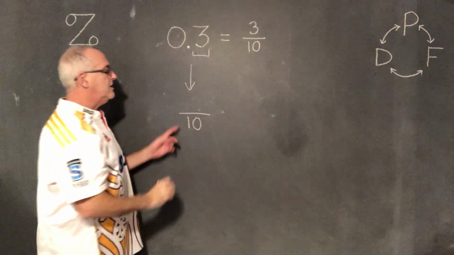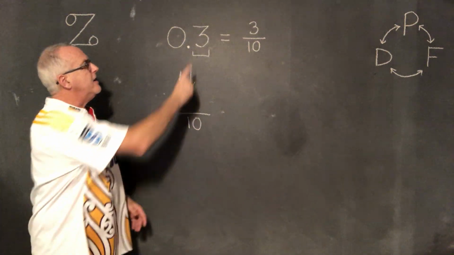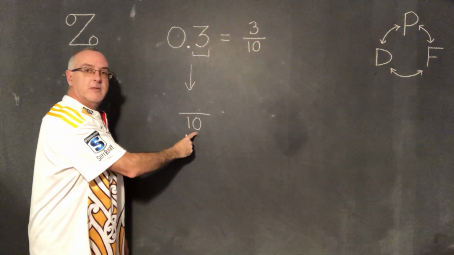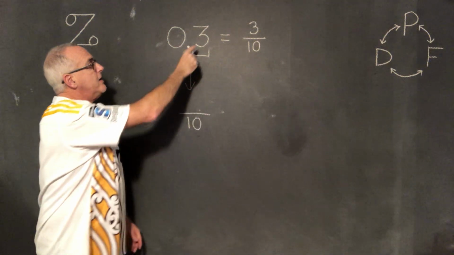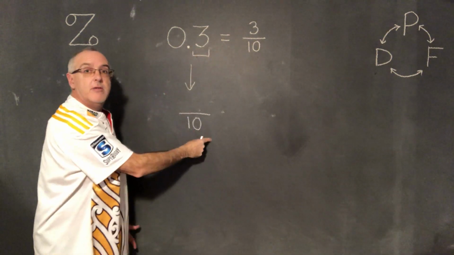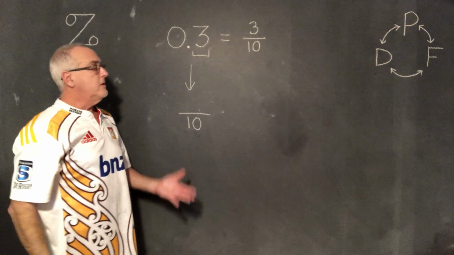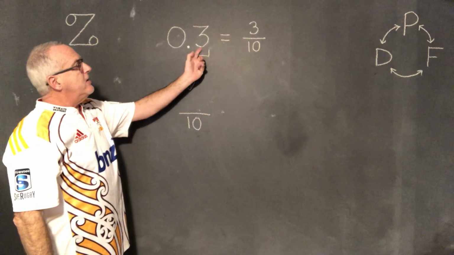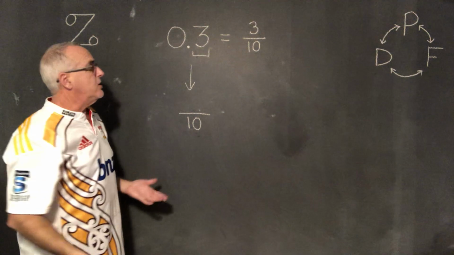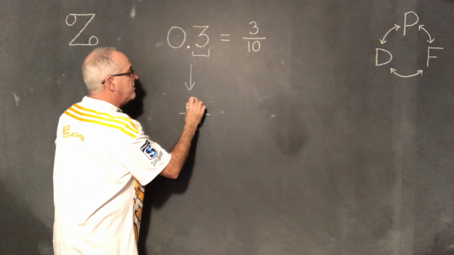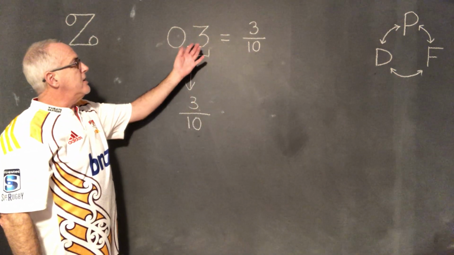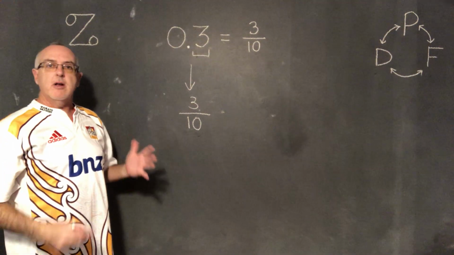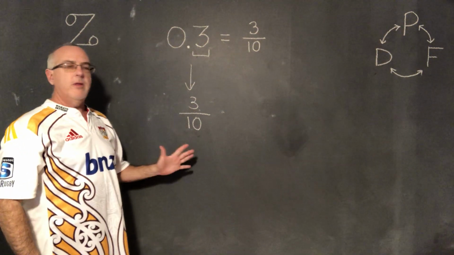Why 10? Because it's a 1 with only one zero. So basically the number of decimal digits goes with the number of zeros you put here. If I had 2 decimal digits, I would want to put 100. So I have a number with 2 zeros. That's one thing. And then the number that's here to the right of the decimal digit itself, that number becomes my numerator. So I can turn a decimal into a fraction very quickly if I know this.